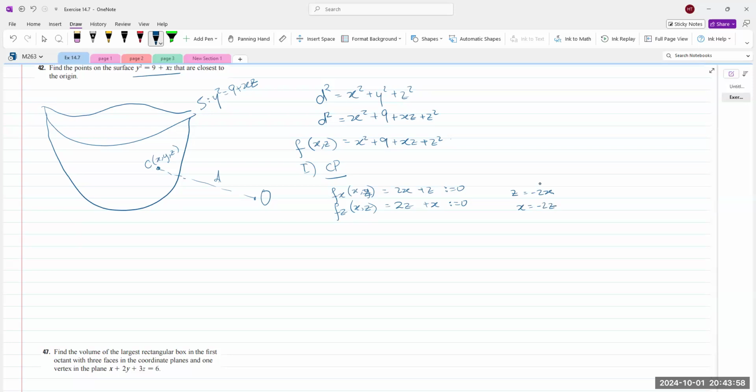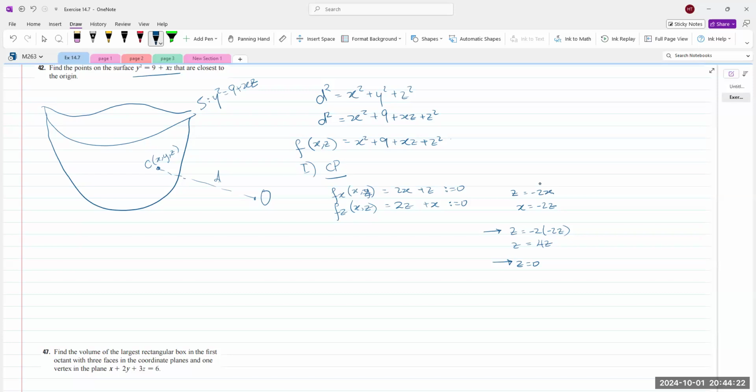When I substitute x equals negative 2 times negative 2z, so z equals 4z. But that can only happen when z equals 0.